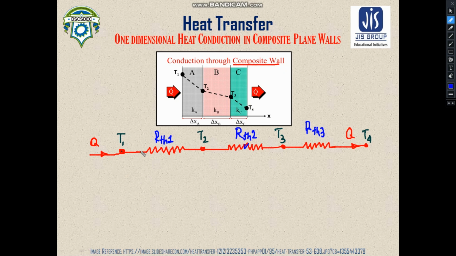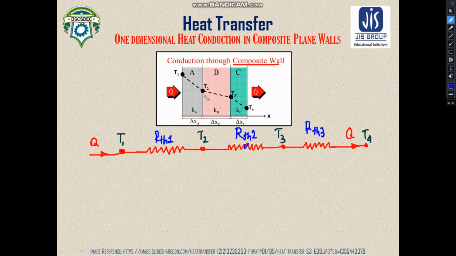So this means that we'll have a circuit which will be of series type. That means all the resistances are connected in a linear format. So this is your voltage difference. Exactly, this is the difference by virtue of which heat flows.